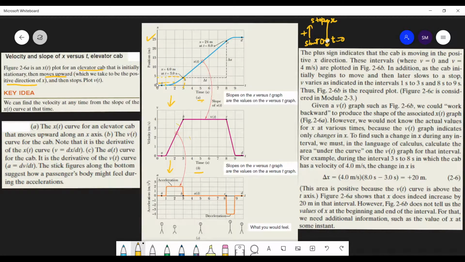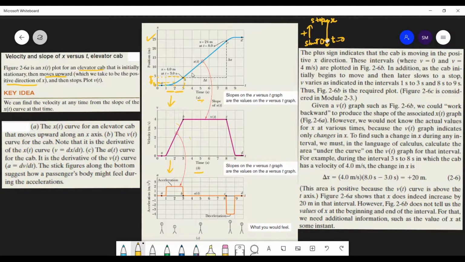From 1 to 2, how much is the position change? Only this much. And from 2 to 3, this much position is changed. So there is more displacement per unit time. The time interval is the same, 1 second, but here the displacement is more.